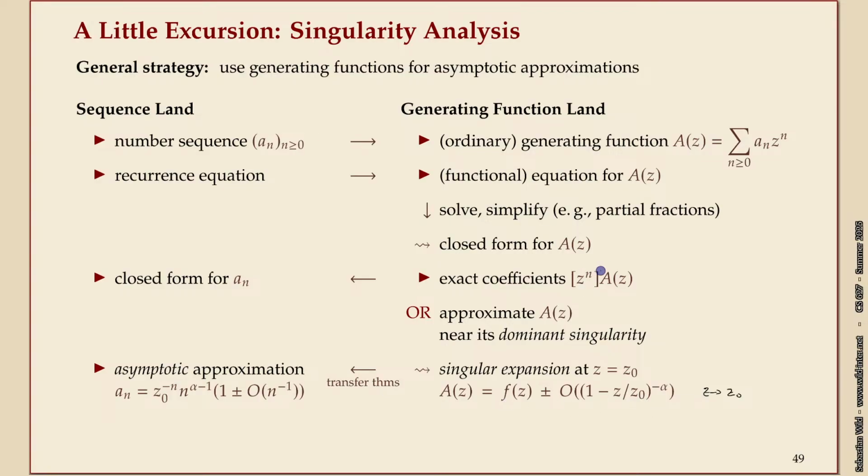If you apply this coefficient extraction operation on this thing, you get the coefficients of f, and you get some error term that corresponds to the error term. I know it's impossible to follow this in detail because I haven't told you what all these things mean, especially singularities we didn't talk about.